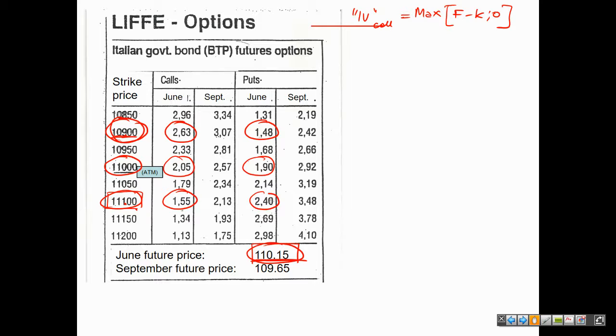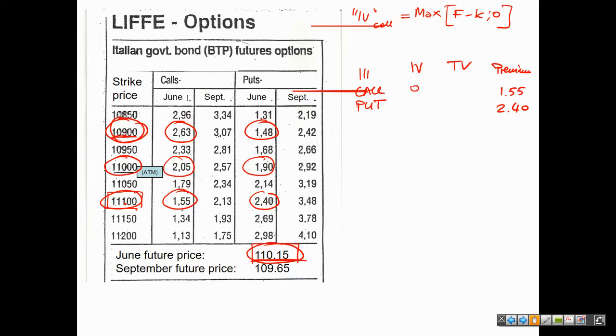Let me be clearer. When you look at the 111 call and put options, the total premium is 155 and 240 respectively. If you wanted to disentangle intrinsic value and time value, for the call option it would be clearly 0, because the option is not exercisable.